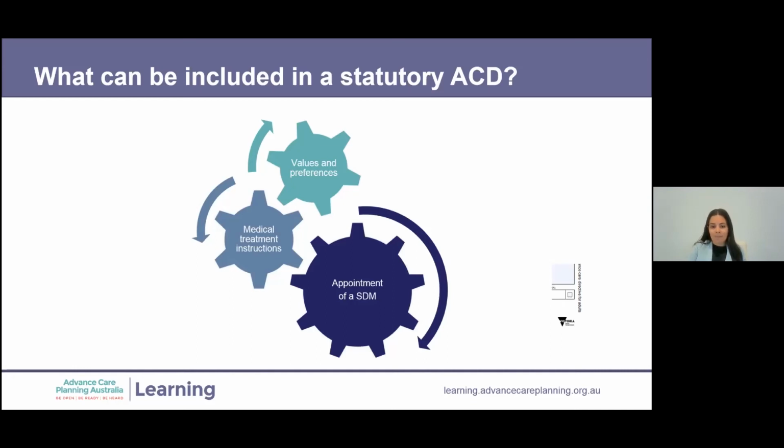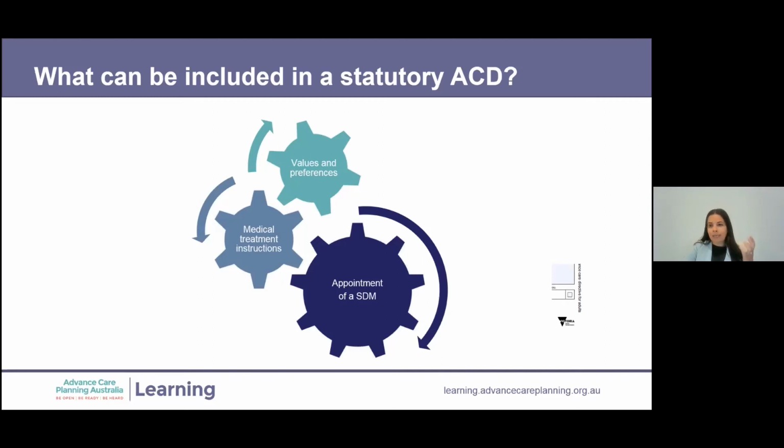And then particular medical treatment instructions. So these are the ones that people can consent to, refuse, or withdraw from any particular treatment. An example of this might be, I would not want blood products or transfusion of blood products under any circumstances. So being very clear about what the treatment is and what the circumstances are that they would want that to be.